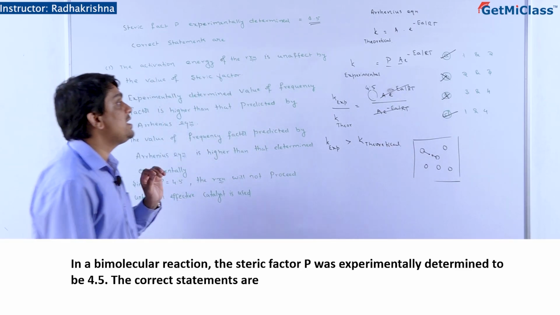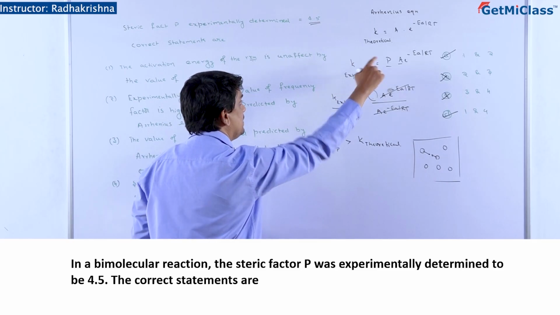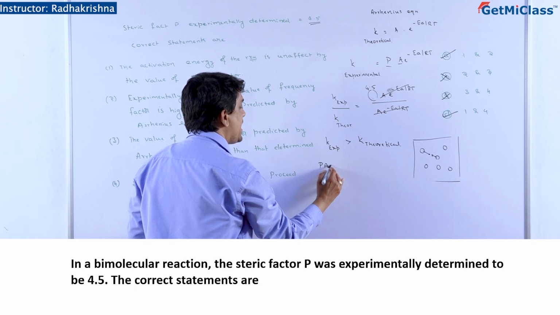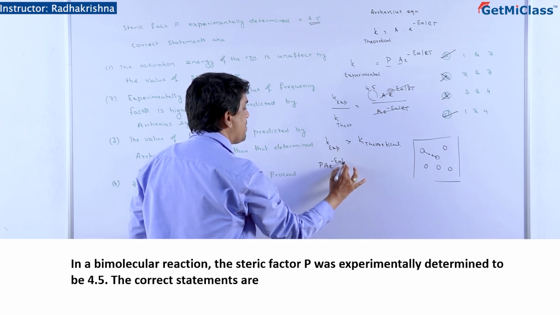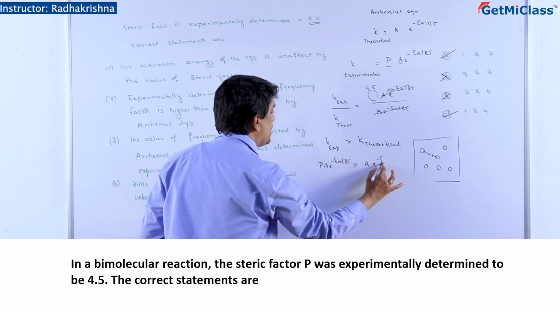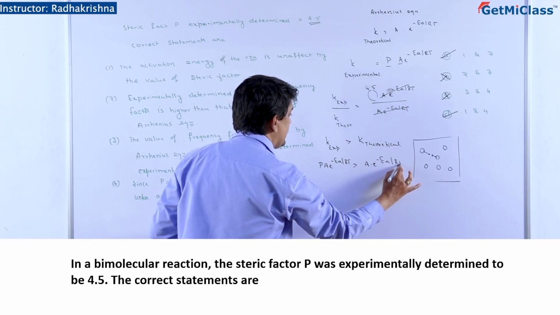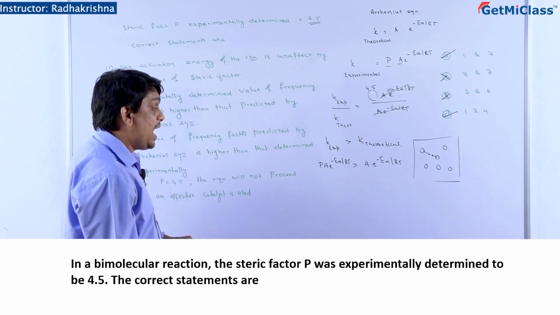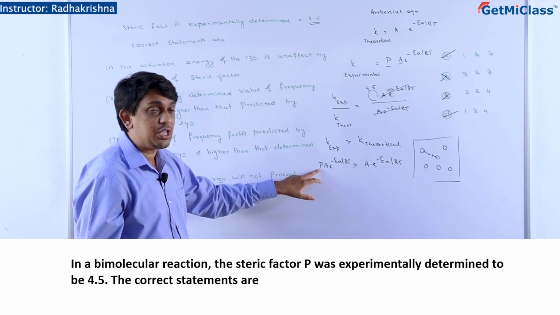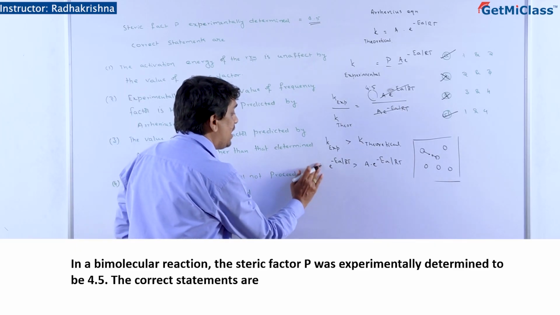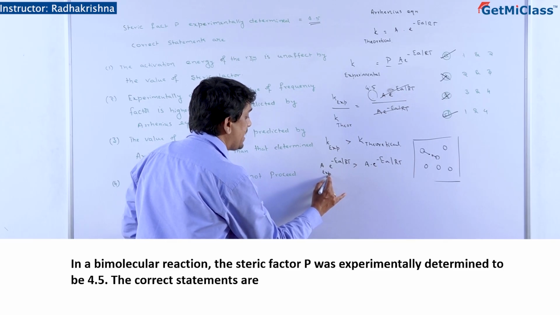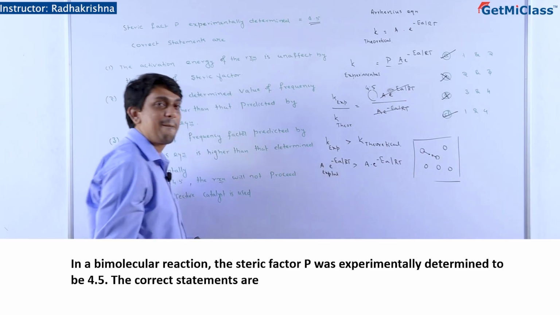Correct. Now what is experimental? I know this is P A e to the power minus Ea by RT greater than A e to the power minus Ea by RT. Now you know that this is the Arrhenius factor, this is the orientation factor. Together I can call it the Arrhenius factor, which is determined experimentally, right?